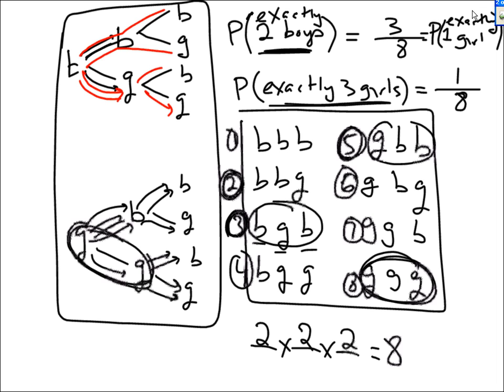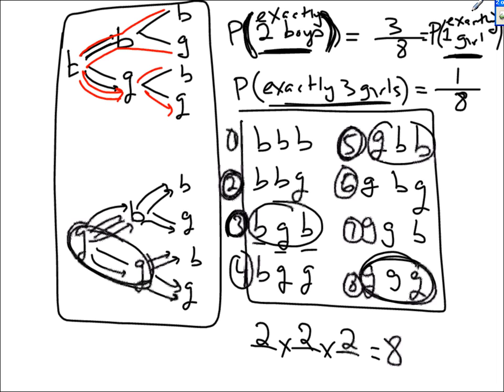What's in these brackets, given that you have 3 kids? What's in this bracket may say exactly 2 boys, but it means 2 boys and a girl. If I tell you I have 3 children and I have exactly 2 boys, well, that tells you I have 1 girl. Same thing here. If I tell you I have 3 children and I have exactly 1 girl, that means I had 2 boys.